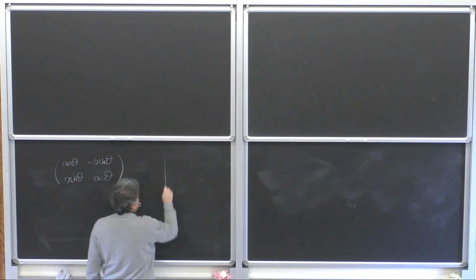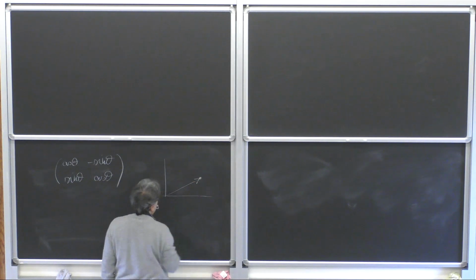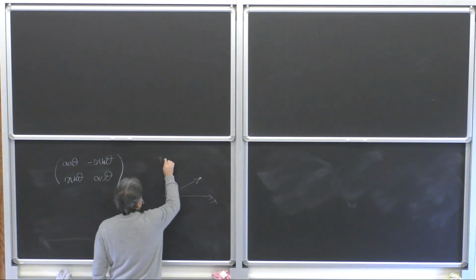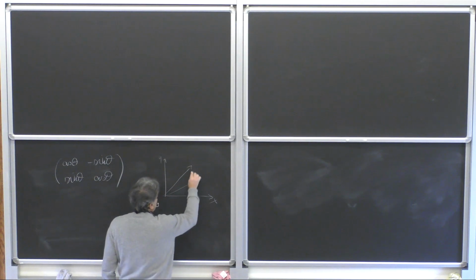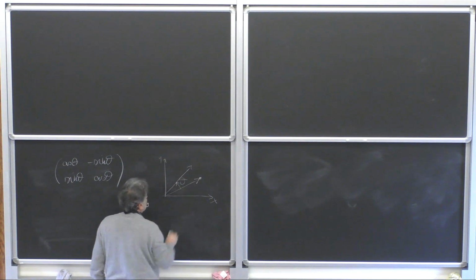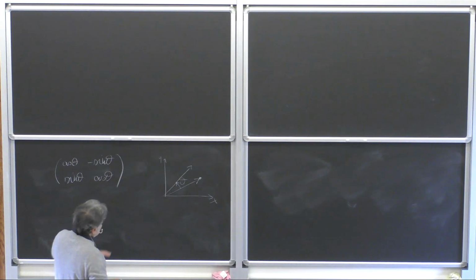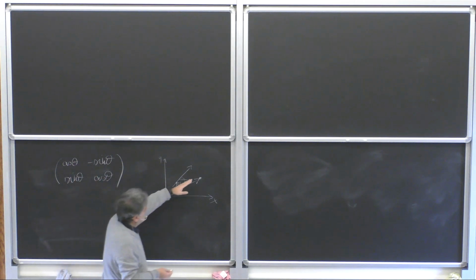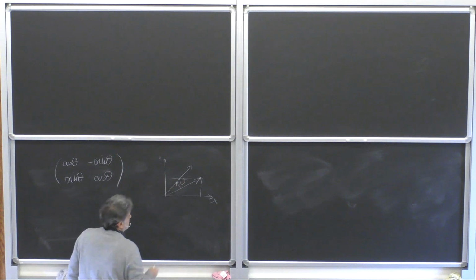Now, this is a rotation. For instance, consider this arrow. This is the plane x, y. If you rotate the arrow by an angle theta in anti-clockwise direction, you get this rotation matrix for the components of this point P.